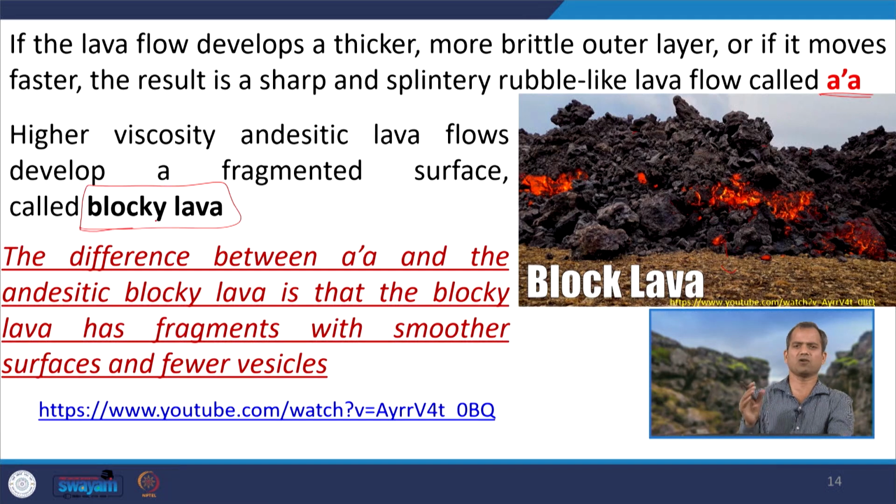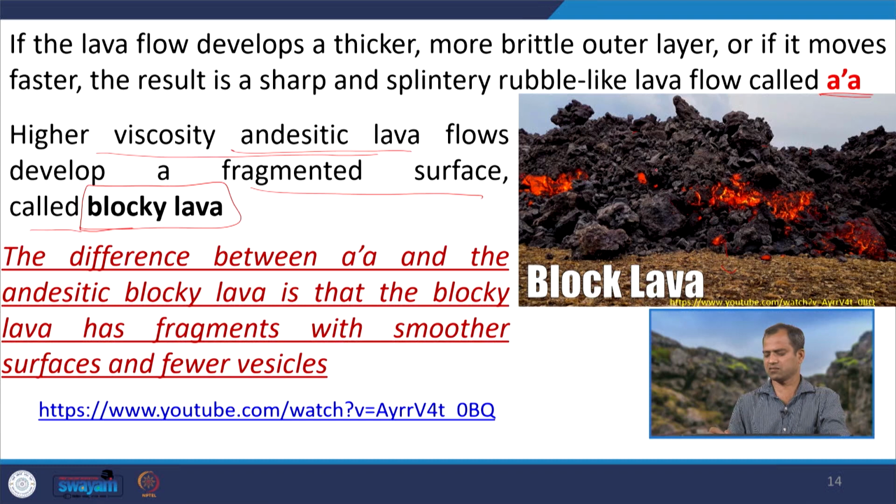We have different blocks, starting from sizes of various dimensions. Higher viscosity andesitic lava flows to develop a fragmented surface, which is called blocky lava. You can see different sizes of blocks, and it is like a bulldozer effect, like when a glacier is moving and taking too many boulders on its surface.